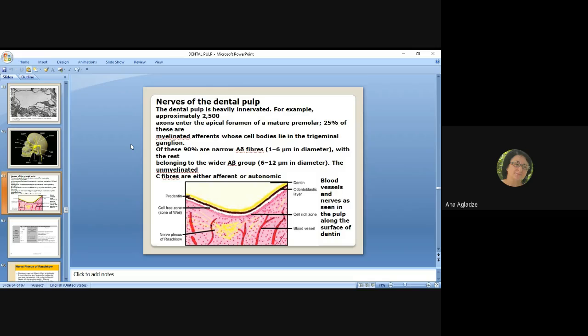There are six morphologically distinct types of nerve fibers. There are unmyelinated nerve fibers, largely belonging to the autonomic nervous system. These are mainly sympathetic autonomic fibers found in the pulp.